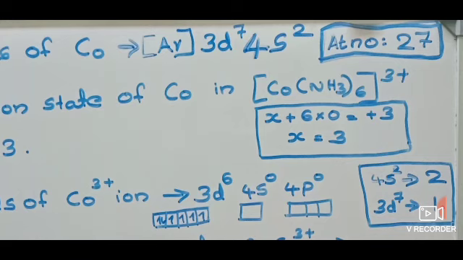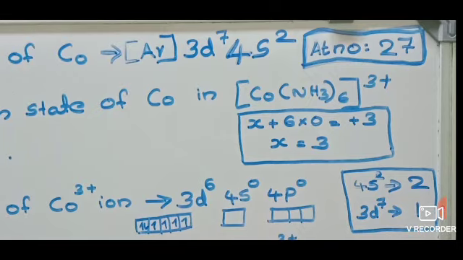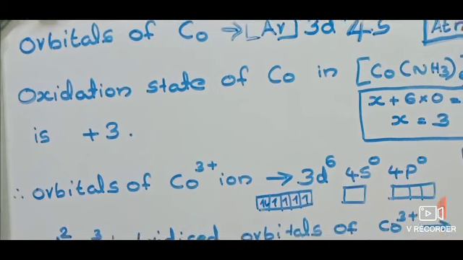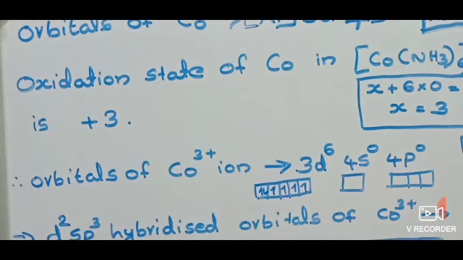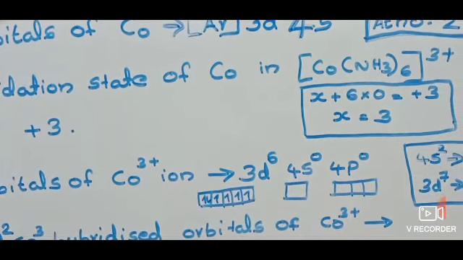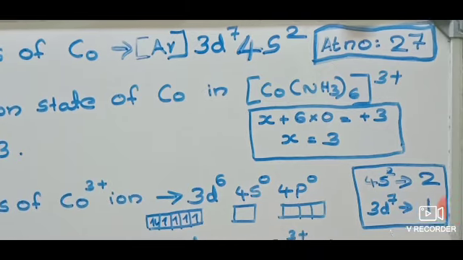Now we want to find the oxidation state of cobalt in this complex. How can we calculate? [Co(NH3)6]3+: x plus 6 into 0 is equal to plus 3, so x is equal to 3. Cobalt is in the plus 3 oxidation state. When cobalt is in the plus 3 oxidation state, we can rearrange this electronic configuration. We know that when the charge becomes positive, it will lose electrons.